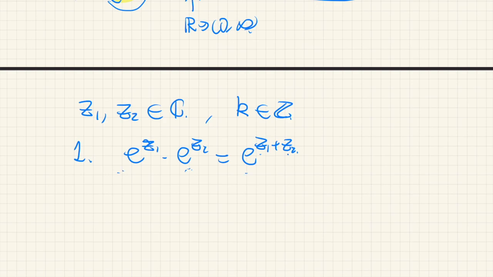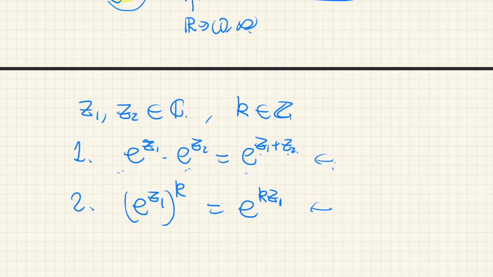So this also holds for the original exponential function for the real domain. And it also holds for the complex domain. So they behave in the same manner. And similarly, exponential of z1 to the power of k is equal to exponential of k times z1. So this is also the same behavior as the real function.